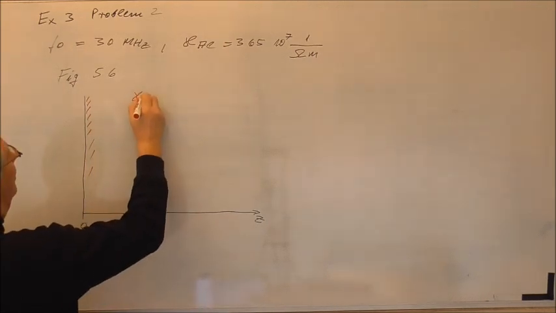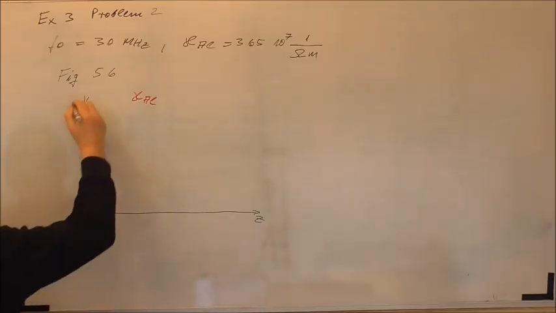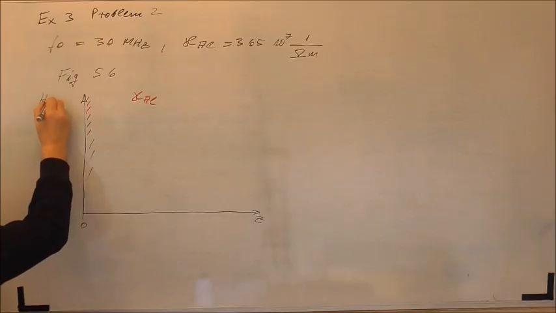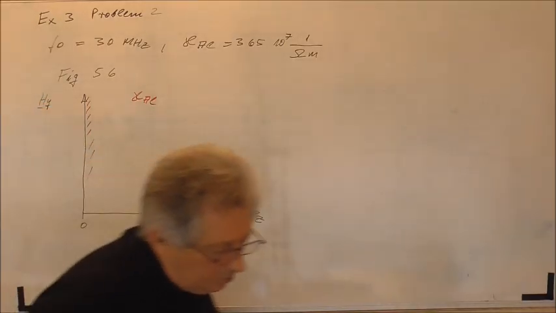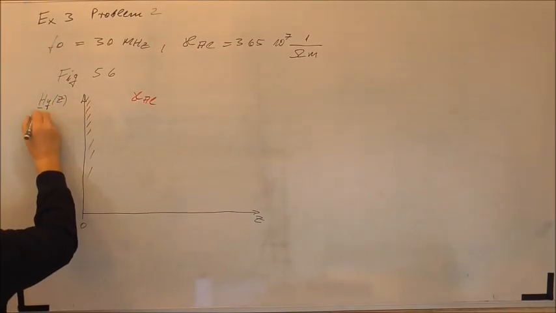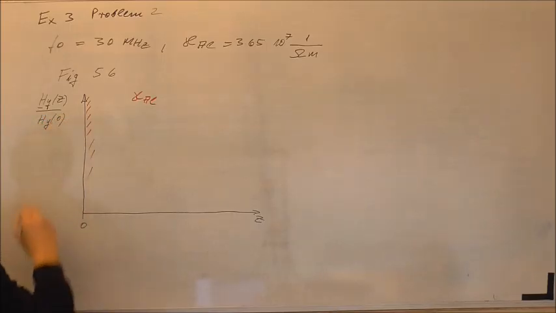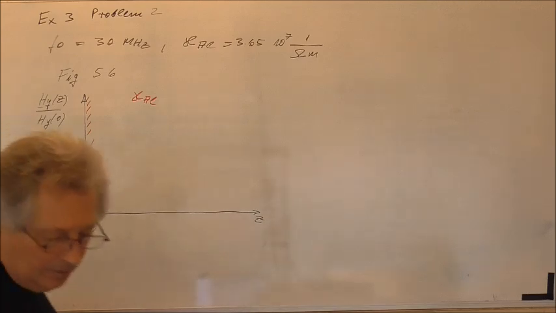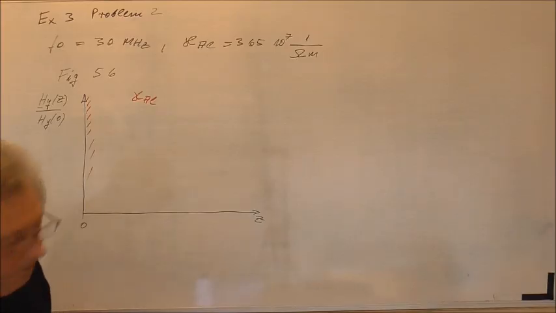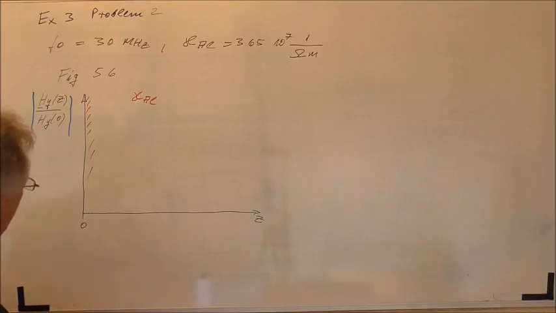I sketch it here. Here we have kappa L, a certain conductivity, and now I draw in this region the magnetic field in the y direction as a function of the z coordinate, with reference to the magnetic field on the surface. I'm only interested in the absolute value, and we will see that this decays.